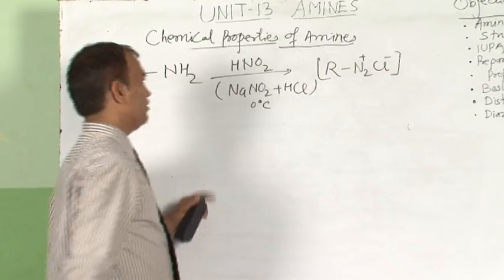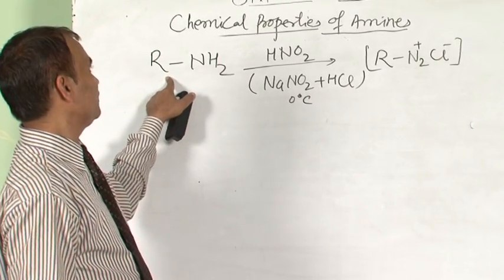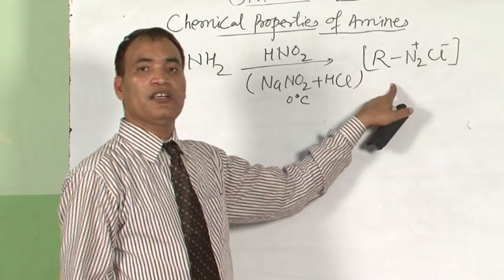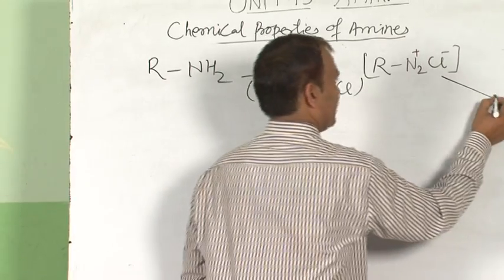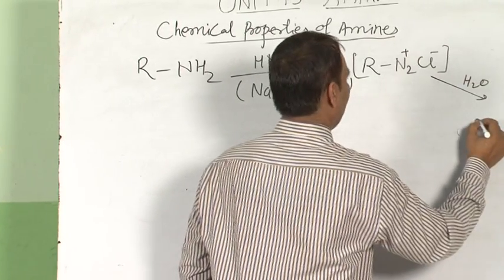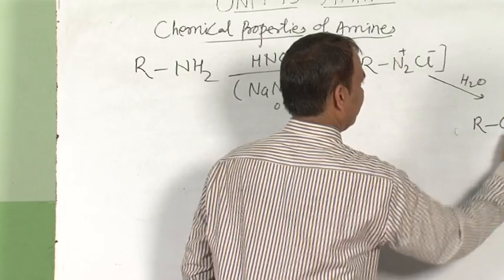The aliphatic diazonium salt is unstable. It undergoes further reaction with water to give alcohol.